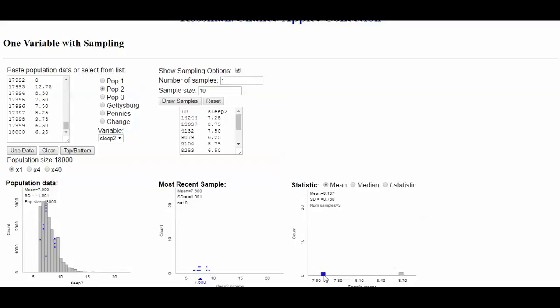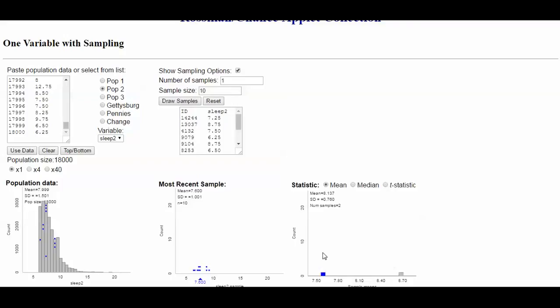And if we do this over and over again, what you'll start to notice is that since the population is positively skewed, our 10 people are typically coming from the low end of the population down here. That's happening simply because there's a lot of people to draw from down here and not as many people to draw from down here. So since our 10 people are typically coming from the low end of the population, our sample mean is typically coming out to a low number down here.